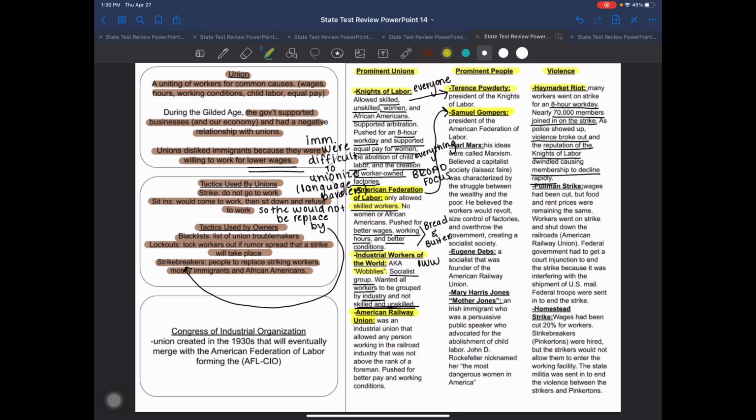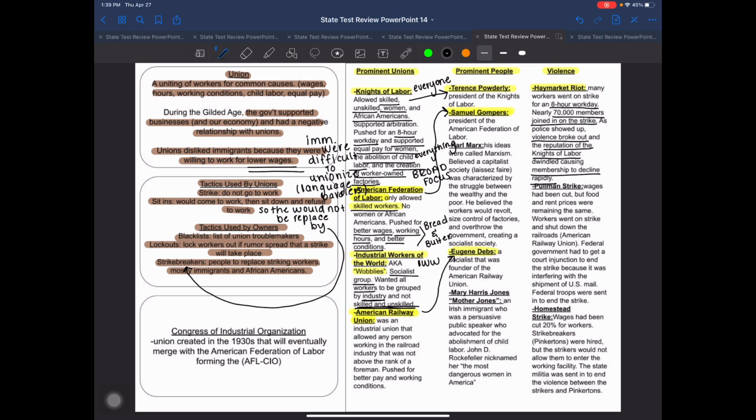So, this American Railway Union, just so you know, we're going to come over here again to this middle section. I want you to go ahead and highlight this name, Eugene Debs. And he actually pops up quite a few times in our curriculum, but here he is the first time. He is going to be the leader, the founder of the American Railway Union.